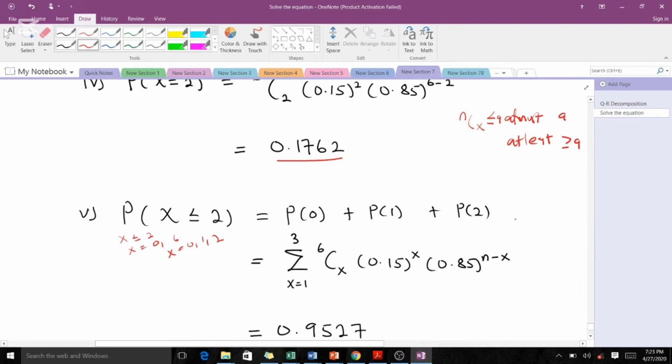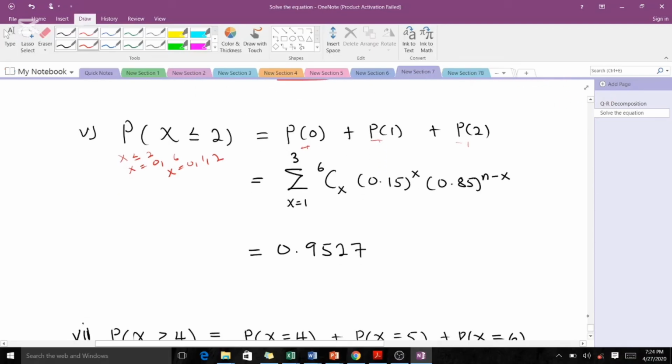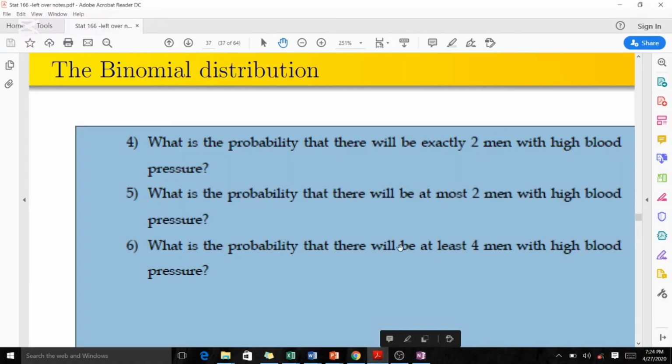You can compute this individually or you find the sum. If you compute it individually, you waste time, so use this formula, it's very short. So our answer is going to be 0.9527. Yes.